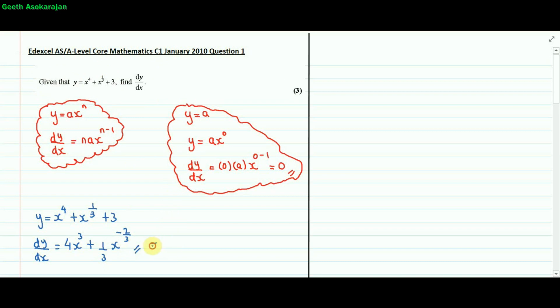Or you can go one more step, if you prefer. You can rewrite this as 4x cubed plus 1 over 3 and x to the power minus 2 thirds. So x to the power minus 2 thirds is the same as 1 over x to the power plus 2 thirds, and x to the power 2 thirds below, you can write that as the cube root of x squared.